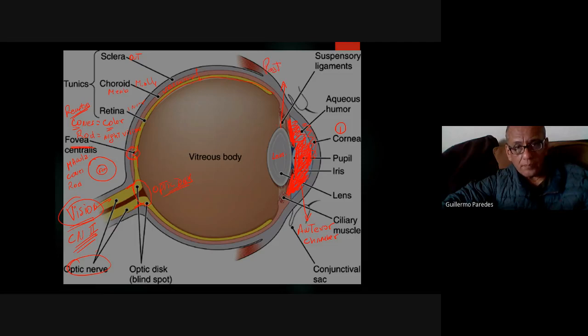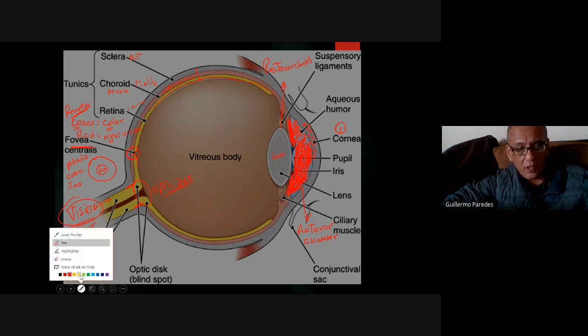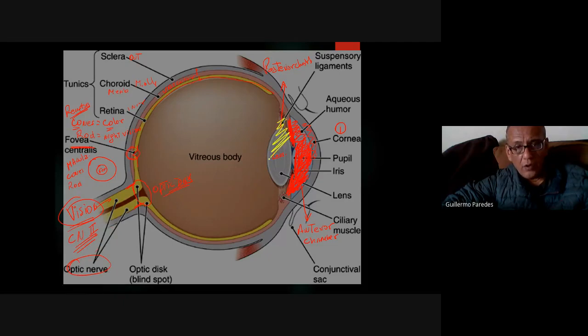The posterior chamber goes from the iris to the lens. So all this, from the iris to the lens, is the posterior chamber. So we have the anterior chamber, and here the posterior chamber. You okay with that?